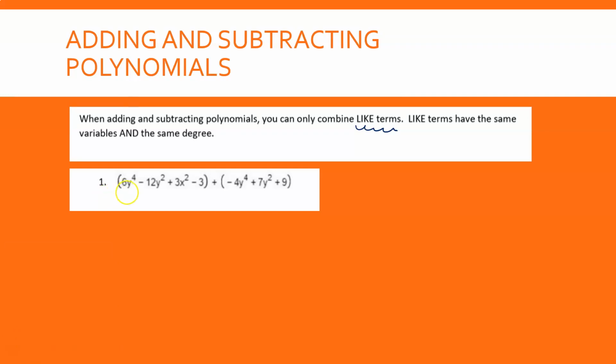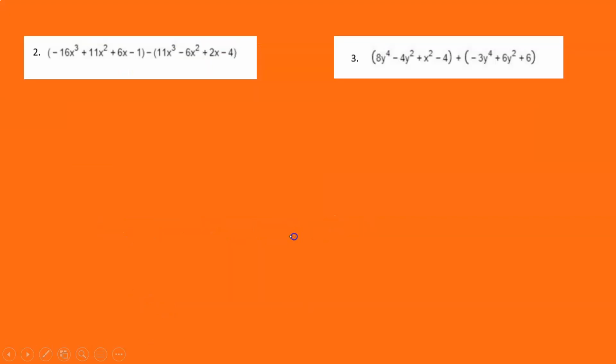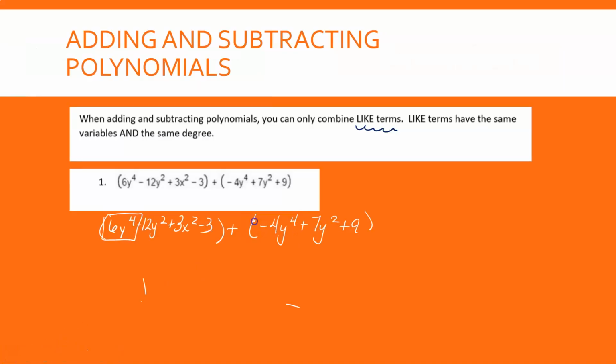So vertically, I'm going to 6y. Let me rewrite this one. So I'm just going to look across the like terms. I have a 6y to the fourth and a negative 4y to the fourth. So I have positive 2y to the fourth.